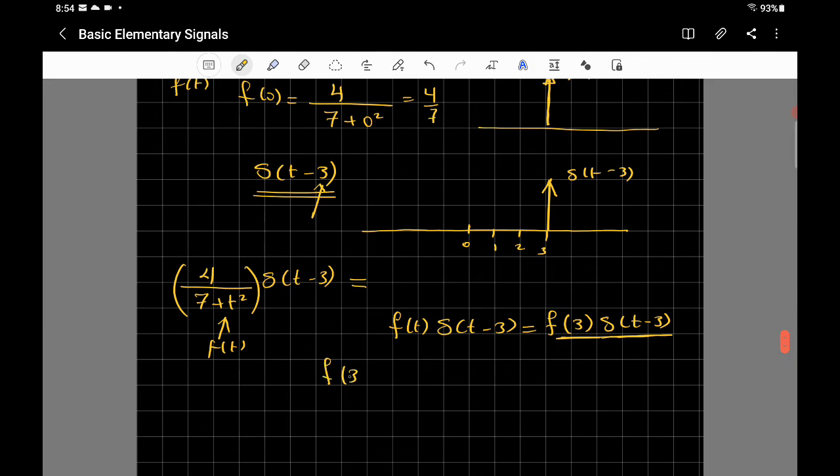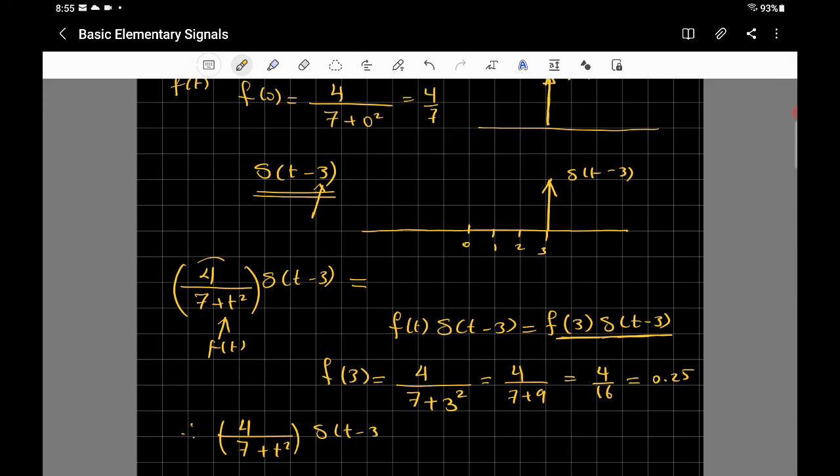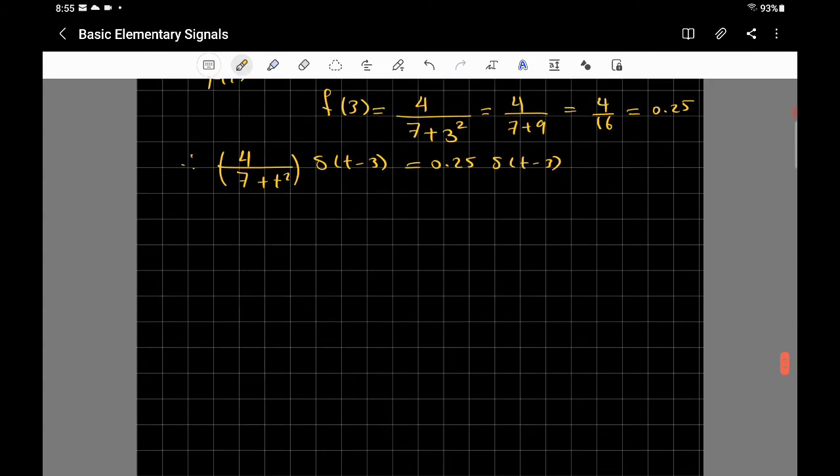In this example, f of 3 is equal to, I substitute t equal 3, so you have 4 over 7 plus 3 squared. That will be equal to 4 over 7 plus 9. 4 over 16, it's 1/4, 0.25. Then we can say 4 over 7 plus t squared times delta t minus 3 is equal to 0.25 delta t minus 3. Great.